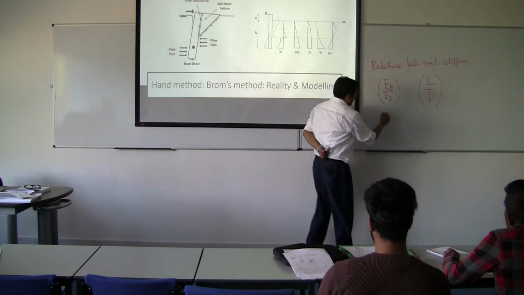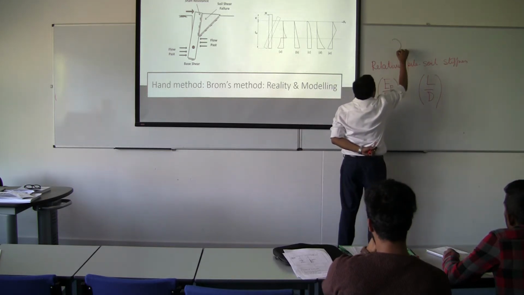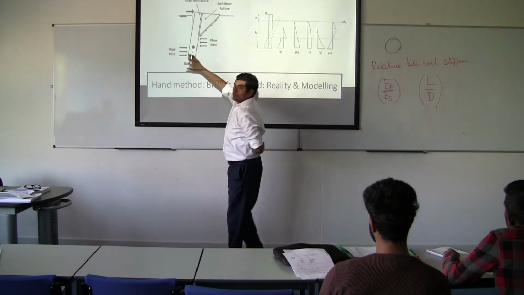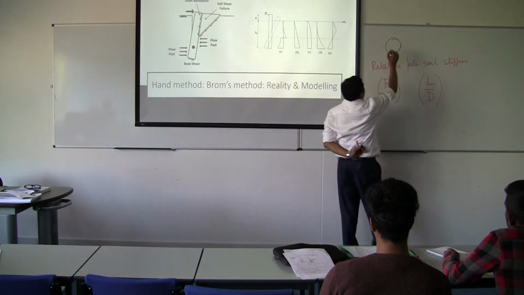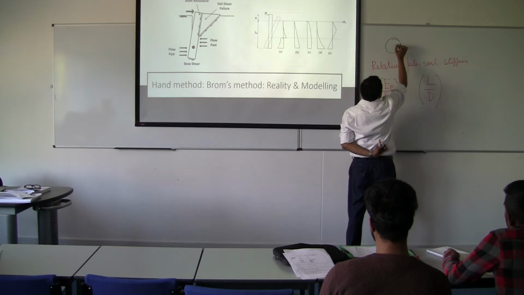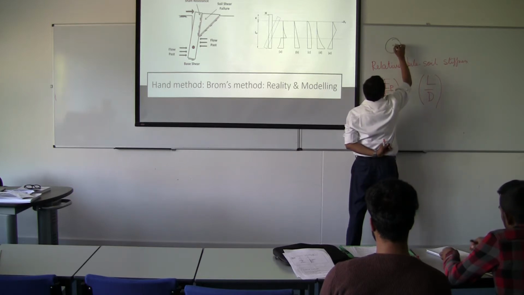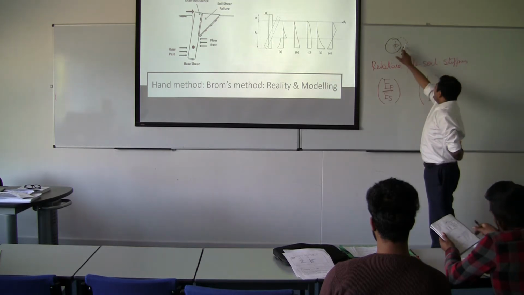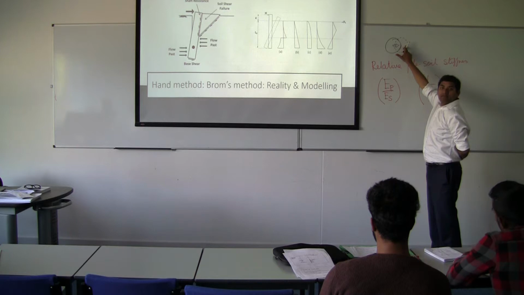Say at that level, here, yeah. So the pile wants to move laterally. So it was here, and it wants to move somewhere there, right? It has to have this soil displacement.